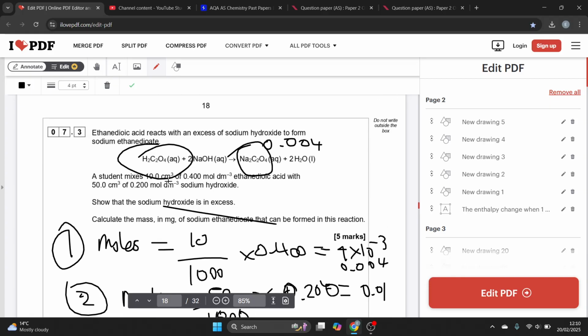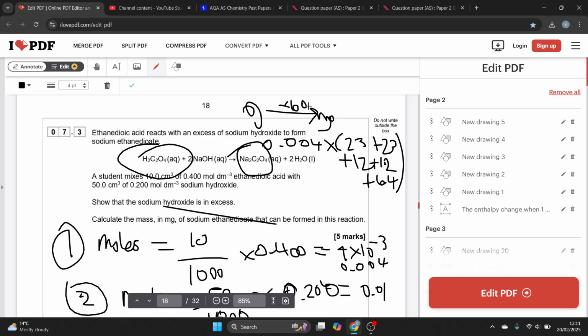I want to find out mass. Moles is mass over Mr. Mass is going to be the moles times by the Mr, which is 23 plus 23 plus 12 plus 12 plus 16 times by 4, which is 64. But that will give me the mass in grams, but I want it in milligrams, so grams to milligrams, I times it by 1,000. So I don't care about the excess moles.